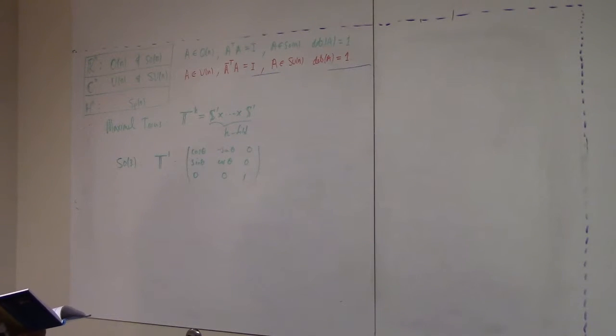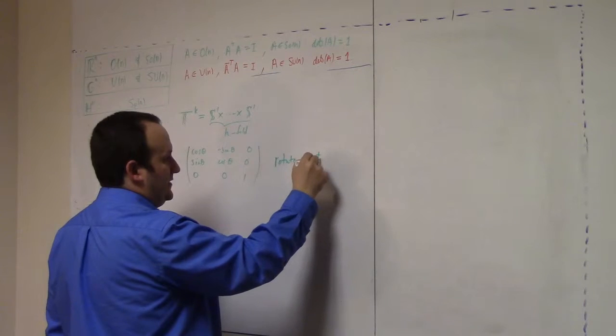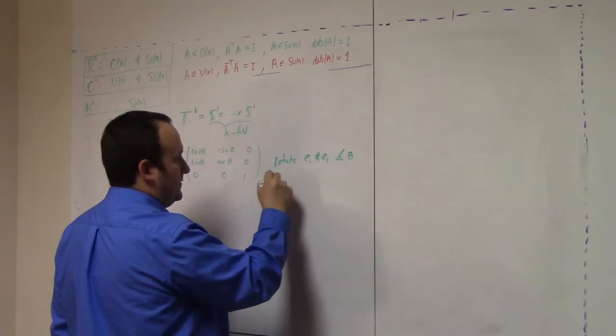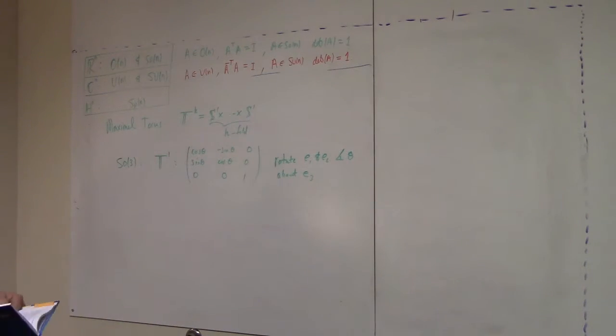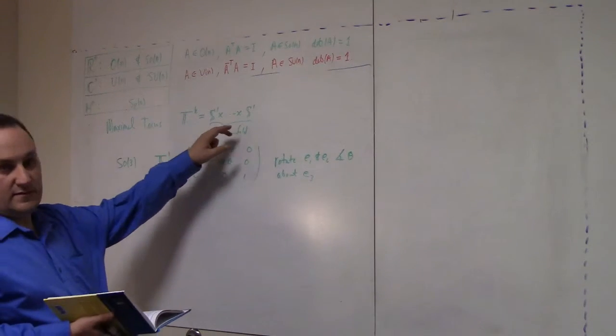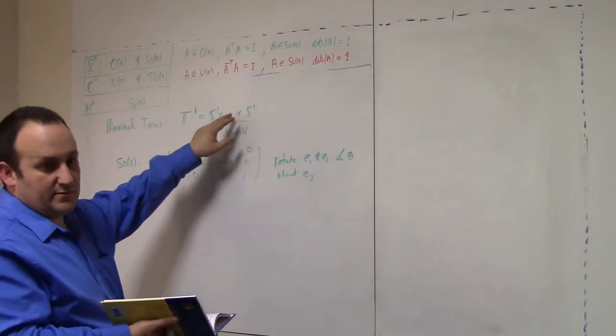Matrices of this form give you an S1 inside SO3. These rotate E1 and E2 by angle theta, and they fix E3. A torus is a subgroup which is isomorphic as a group to a Cartesian product of the circle, the direct product of the S1 groups.